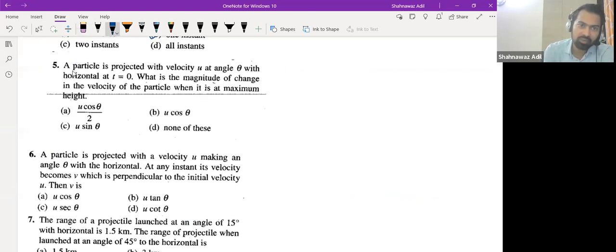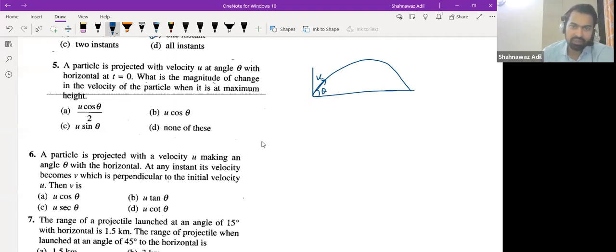So a particle is projected with velocity u at an angle of theta with the horizontal at t equal to 0, right? So time starts from here.